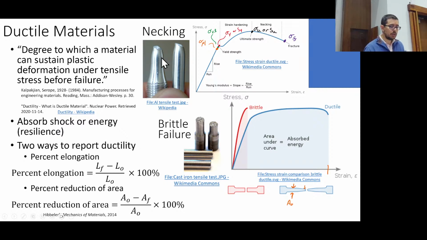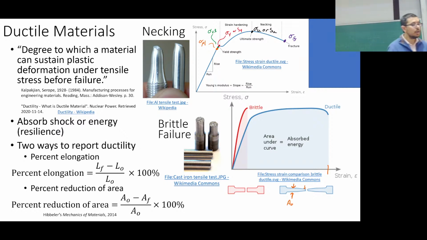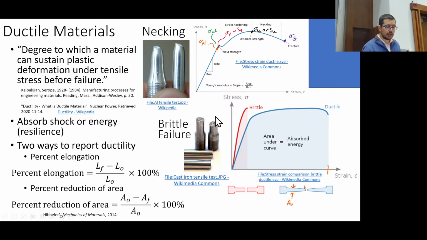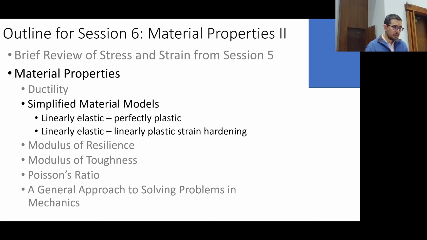And here are some pictures that show resulting tensile tests of aluminum that is pretty ductile, and you see the necking behavior, whereas this cast iron has a fracture surface that's rough, and there hasn't been much elongation, and there has not been much reduction in area.